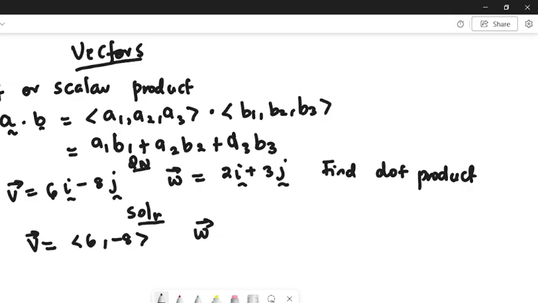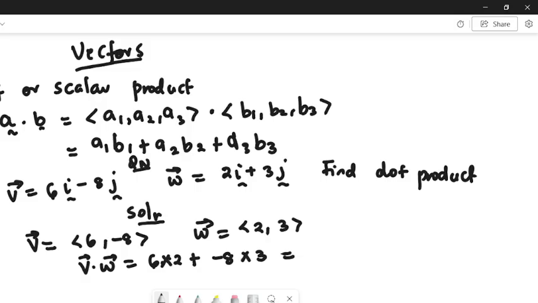Our W is going to be 2, 3. So if we have V dot W, we're going to get 6 times 2 plus negative 8 times 3. That becomes 12 minus 24, which is negative 12. That's the dot product.